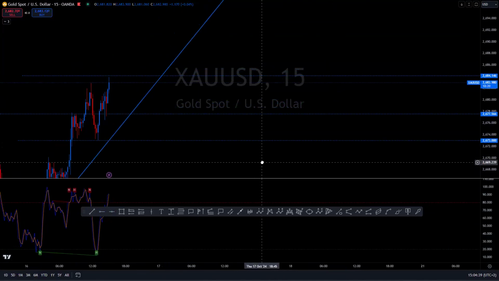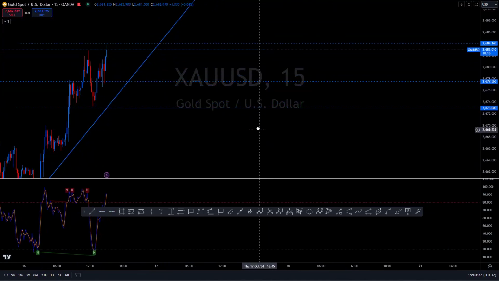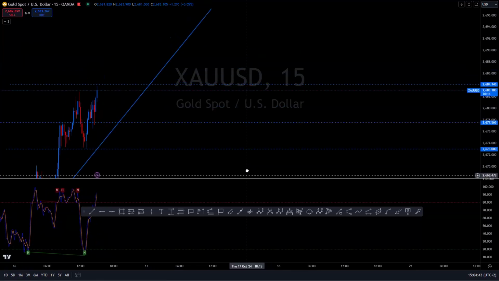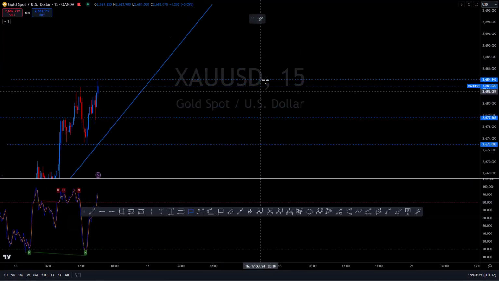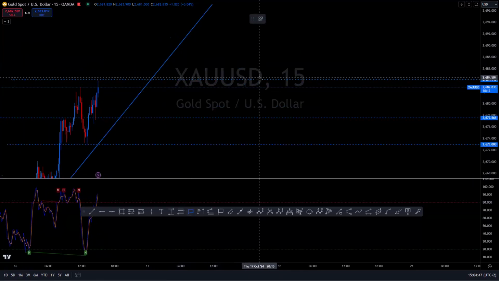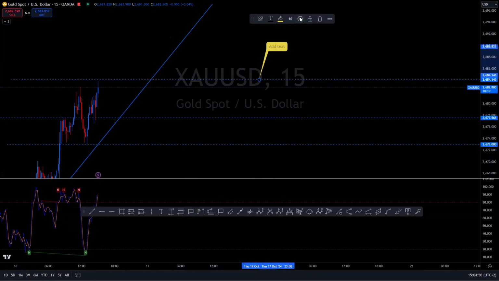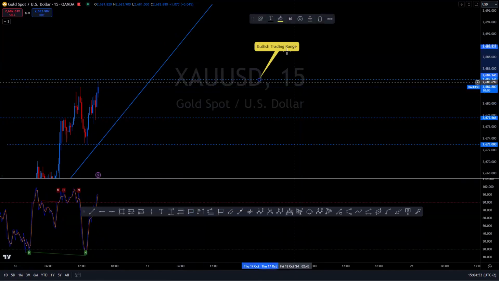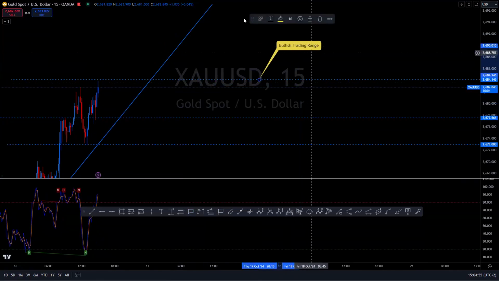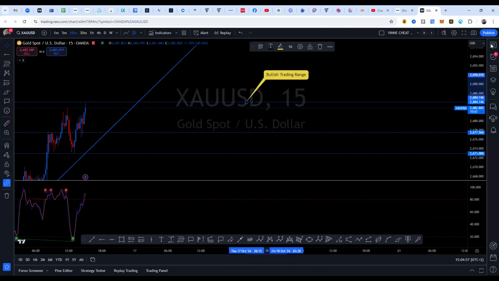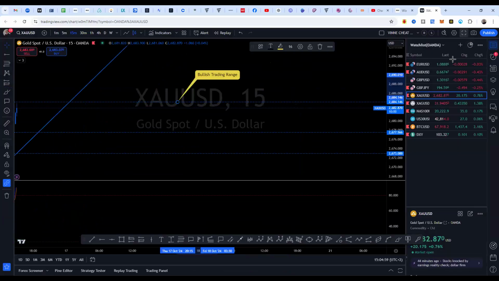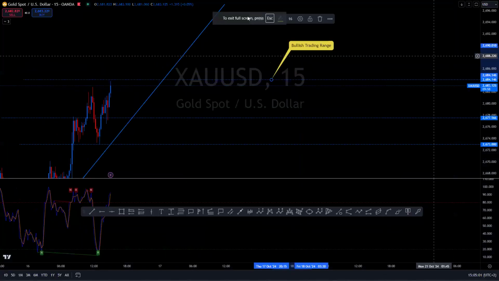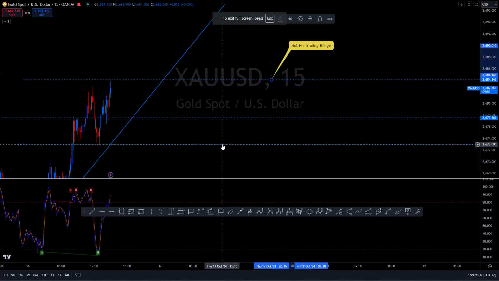We know that we're in a bullish trading range. So let's mark that up. Let's go ahead and mark these up.